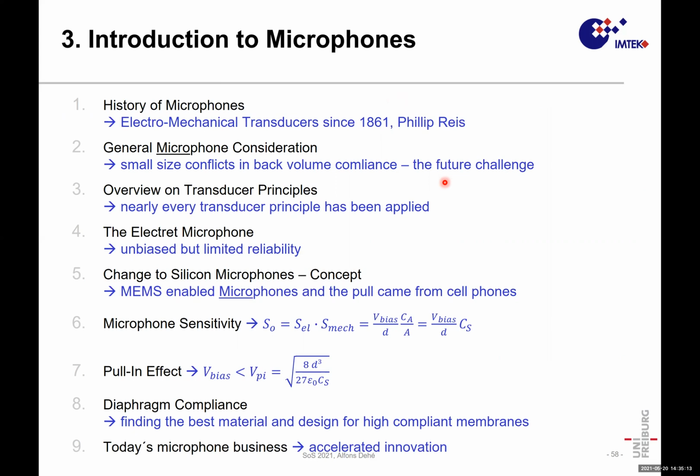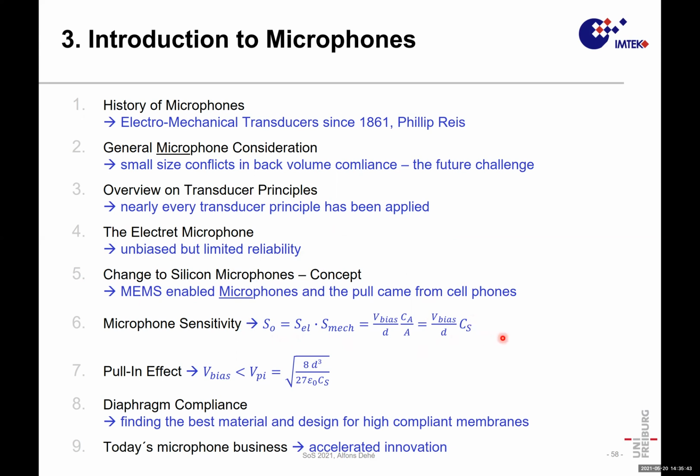We have so many ways of picking up the displacement of diaphragms, but we concentrate first of all on capacitive transducers, starting with the early electric microphones, changing to the capacitive devices. They need a certain sensitivity out of an electrical and mechanical one. So basically, nowadays, bias voltage, air gap, and mechanical compliance are key parameters in our devices.